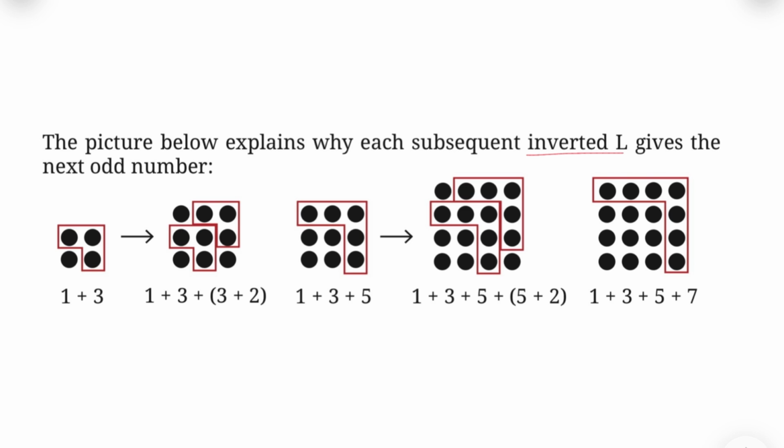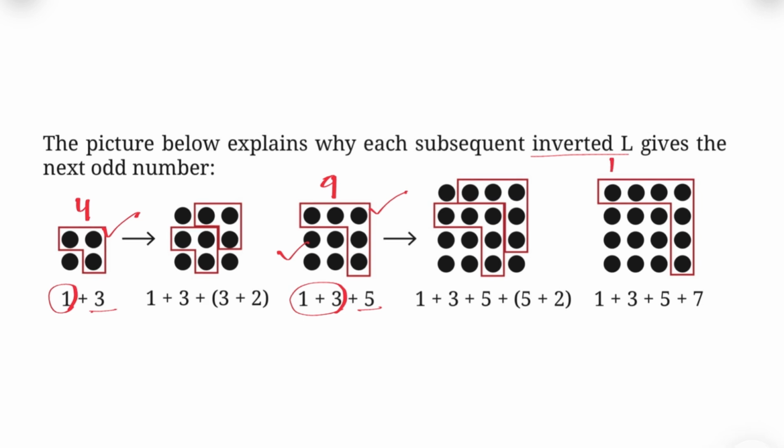Perfect squares can also be shown in a pictorial way like this. First square number is 1, which can be represented as 1 dot. Second square number is 4, which is the sum of 1 and 3, and these three dots are arranged in an inverted L shape. Third square number is 9, which is 1 plus 3 plus 5, and we can see these 5 dots are arranged in an inverted L shape.